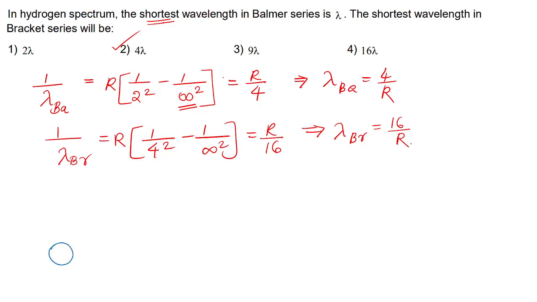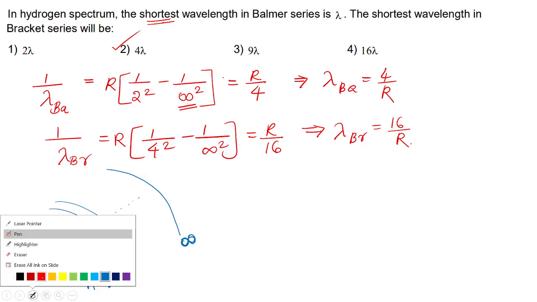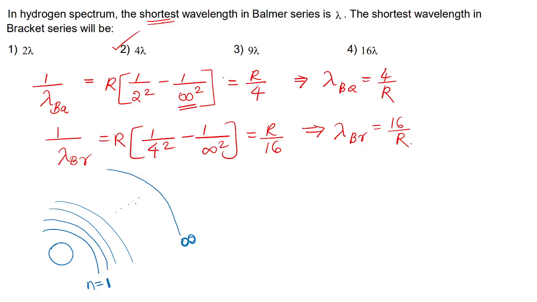This is the nucleus. This is the first energy state, then the second energy state, third energy state, fourth energy state, and so on, and this will be the infinite energy state. So the Balmer series means the electron jumping from a higher energy state to n equal to 2.